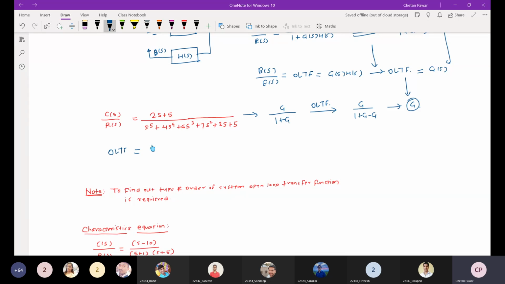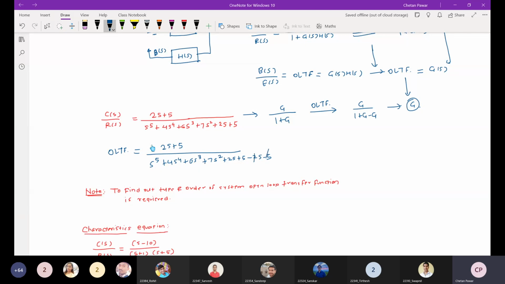So open loop transfer function will be 2s plus 5 upon s raised to 5 plus 7s square plus 2s plus 5 minus 2s minus 5.